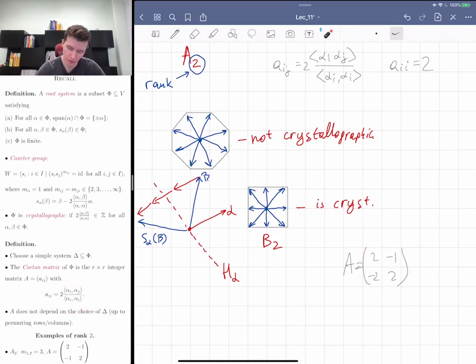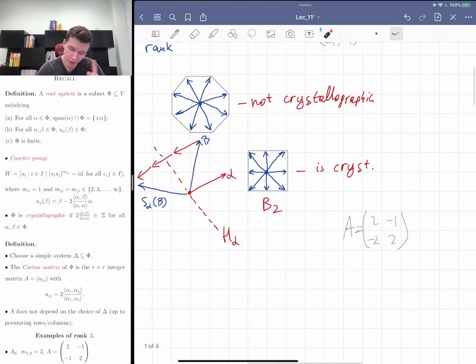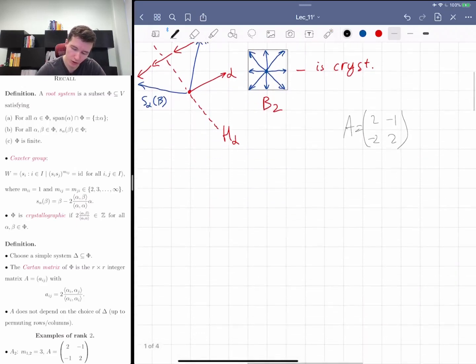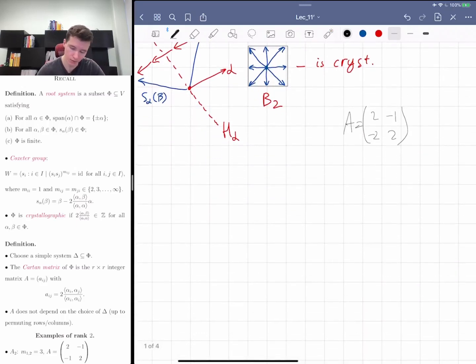Alright, so the next stop is a pentagon, which is not going to give you any crystallographic root system, but the next stop is actually interesting. So let me draw one more root system of rank 2. And what I'm going to do is I'm going to draw an equilateral triangle and another one that's upside down.